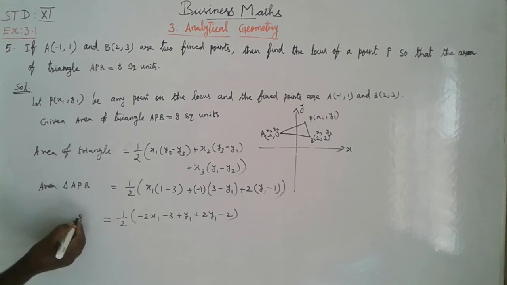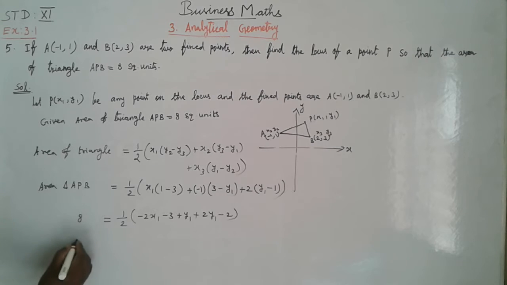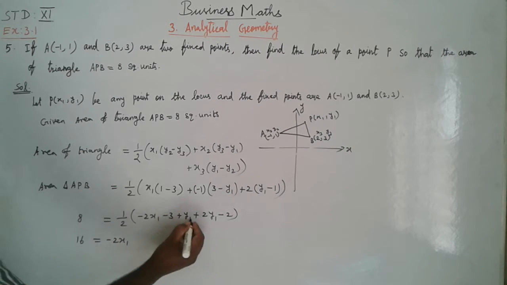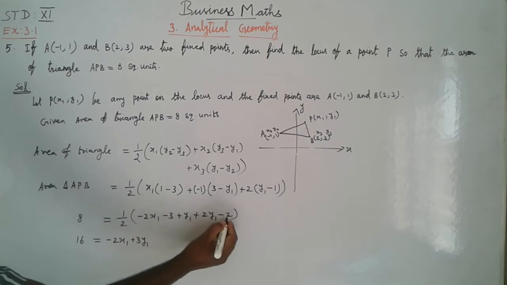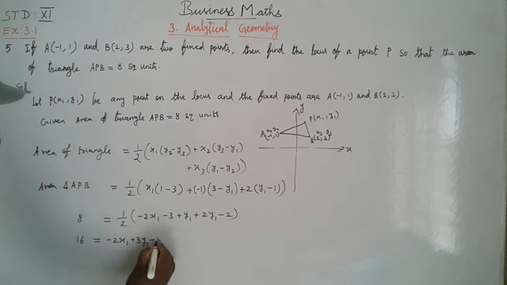So we should cross multiply here. 2 8s are 16 equals minus 2x1 plus y1 plus 2y1 is plus 3y1, minus 3 minus 2 is minus 5.